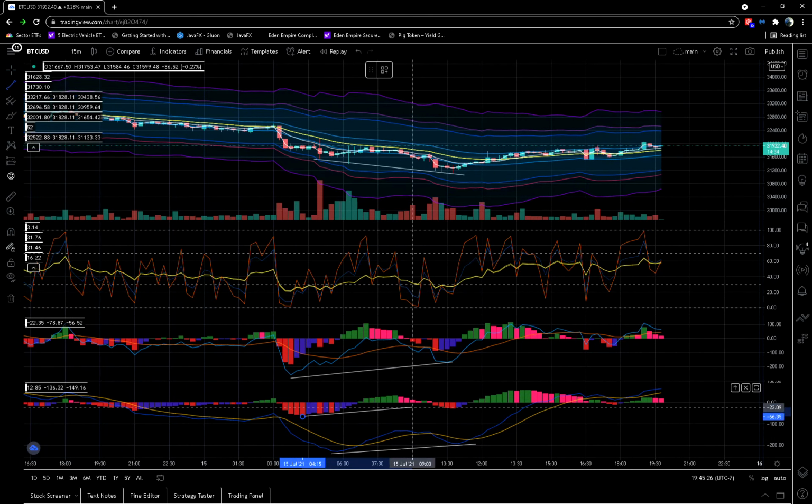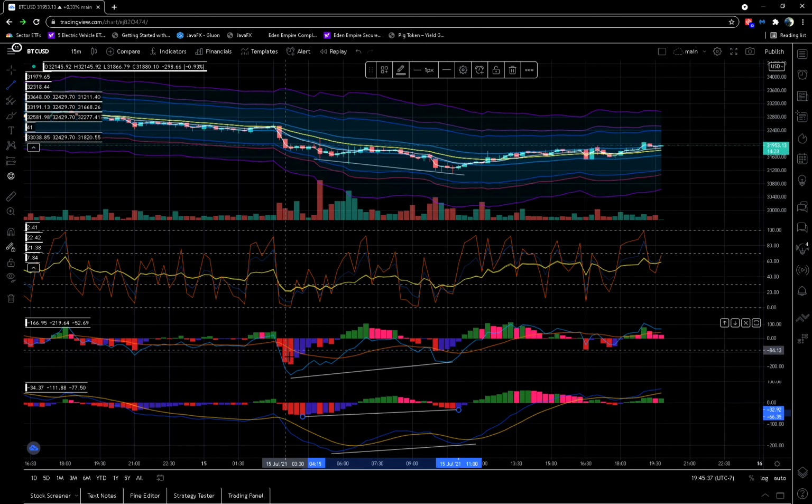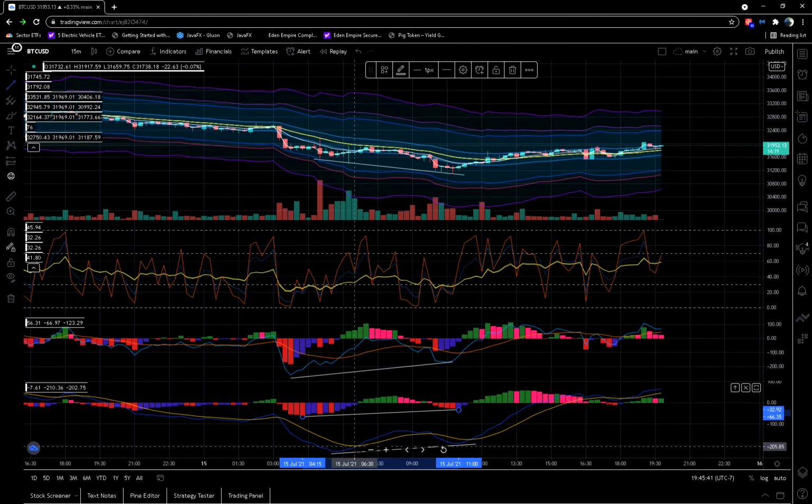Histogram moved up overall at that point. You can look at these peaks. So here's your first peak, and here's your second peak to look for momentum.